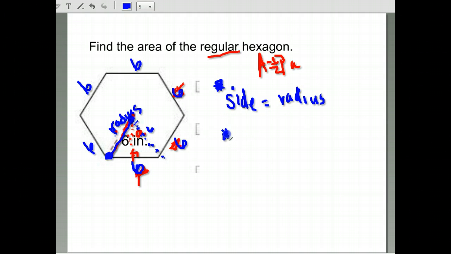The other thing we have to do is find the apothem. So this only works for hexagons. If you have a different figure, we have to do something else.